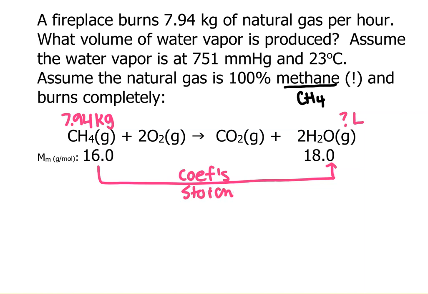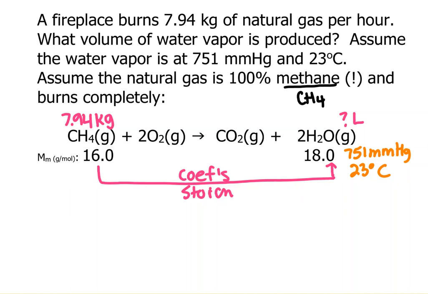Let's see what else I have. I know that my water vapor is at a certain pressure, and I know its temperature. Okay, so first of all, I'm not doing anything to the gas, like heating it or cooling it.